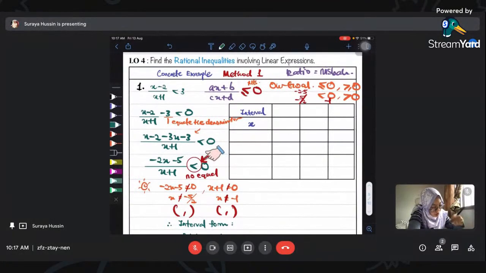Okay. So now your job is to sub in the value, negative 5 over 2 until negative 1, and then negative 1 to infinity, and on the left hand side, negative infinity to the negative 5 over 2. Nombor jangan ubah, nombor tetap sama. Okay.